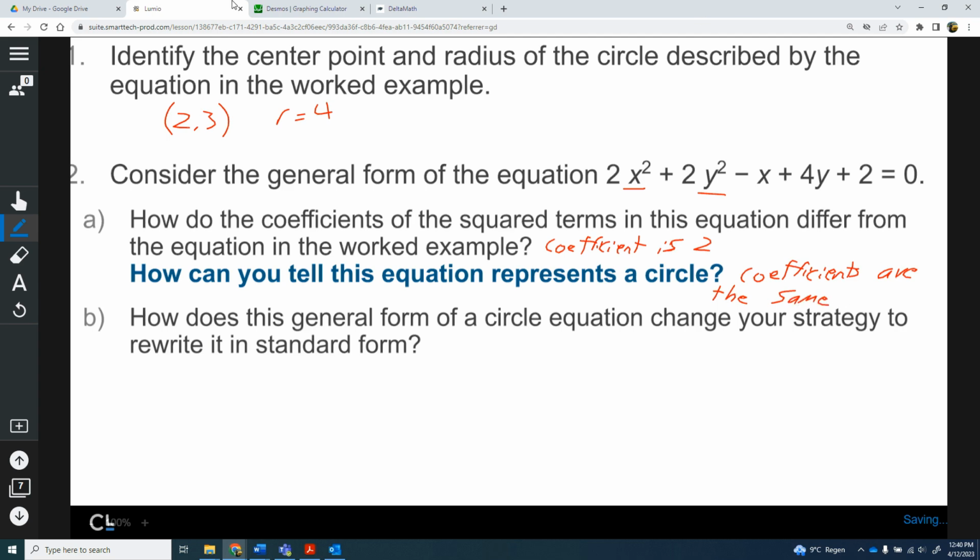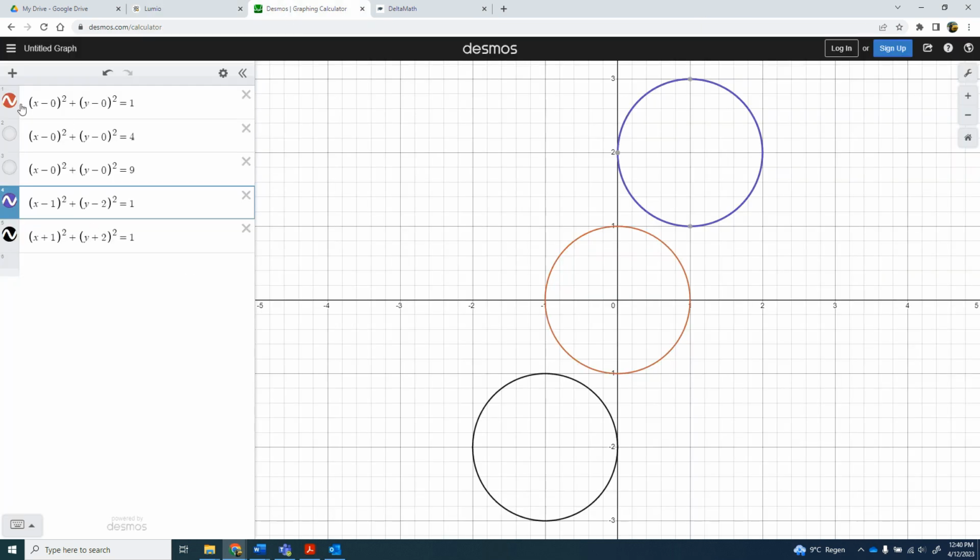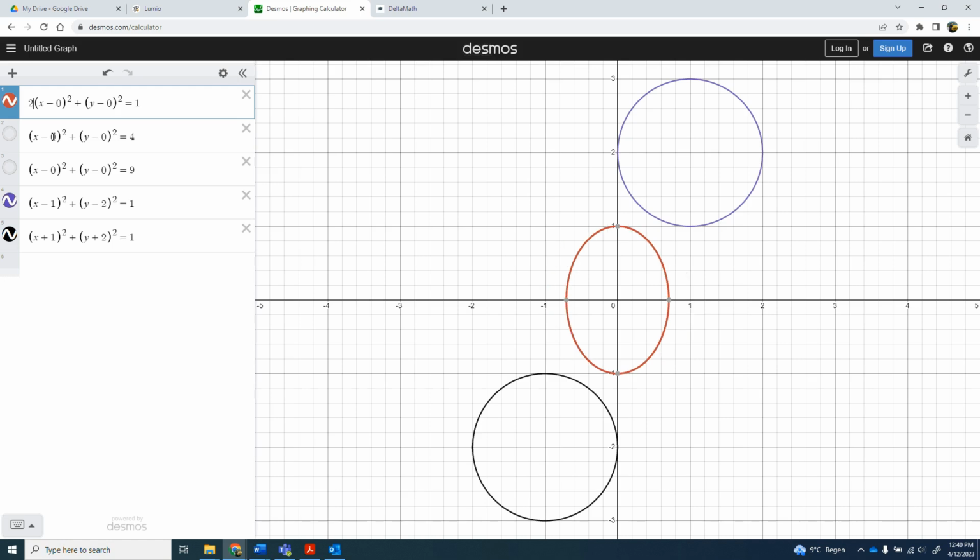Let's go back to Desmos for a second. And if I make this a 2, hey, that makes an oval, which is actually called an ellipse. If I make this a 4, now it's really crazy that way. But if I make this a 4, well, now it is the same.